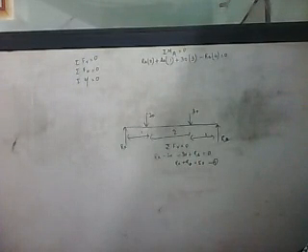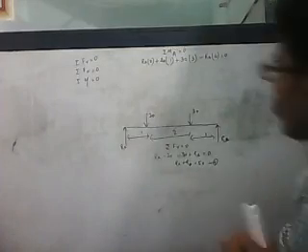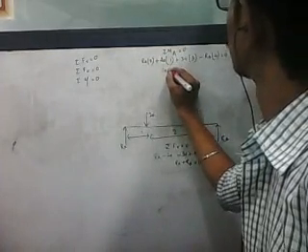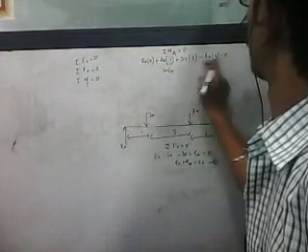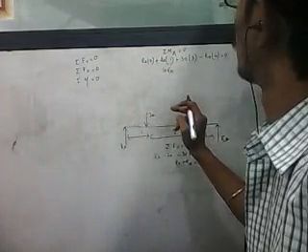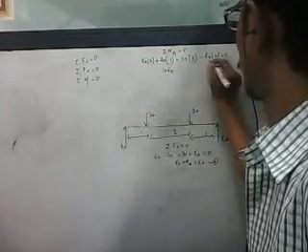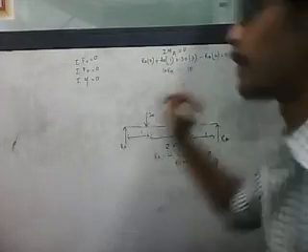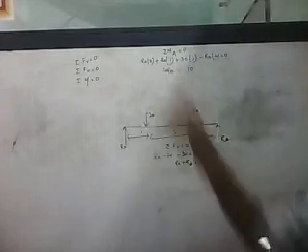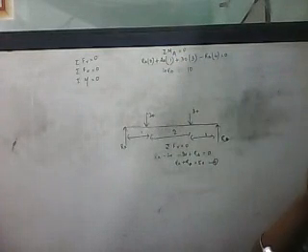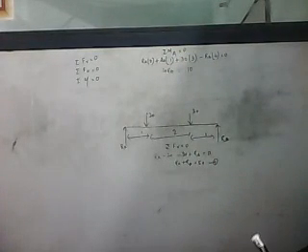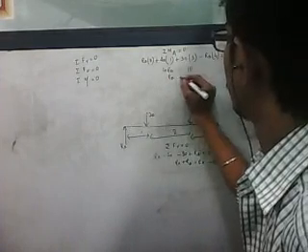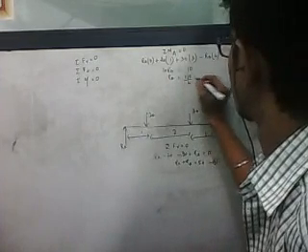So right now the equation is 4 Rb equal to 20 plus 90, that is 110. So Rb equal to 110 upon 4, whatever the value is.